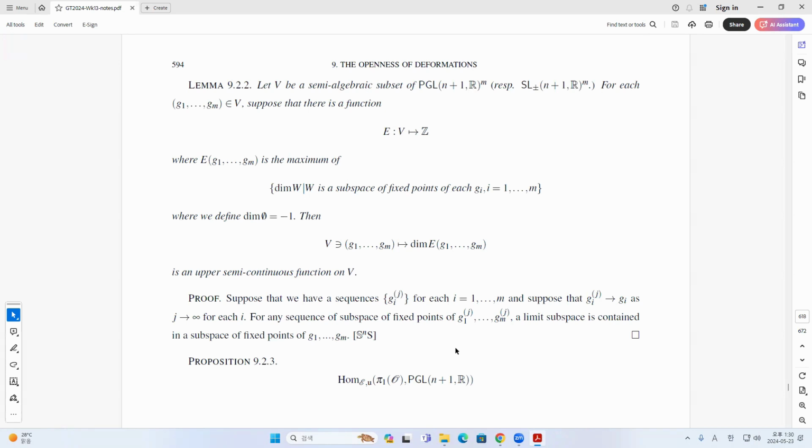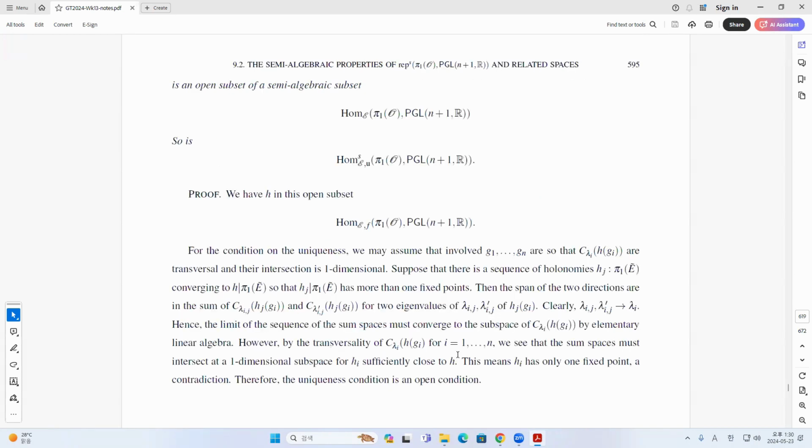And proposition 9.23 is that this is an open subset of the semi-algebraic set here, and so is this one. Okay, so the basic proof is we have something in the open subset of this, and then you consider these cyclic spaces, and they meet in an intersection of 0 dimension, so there's some transversality here.